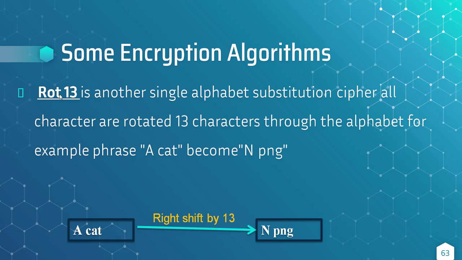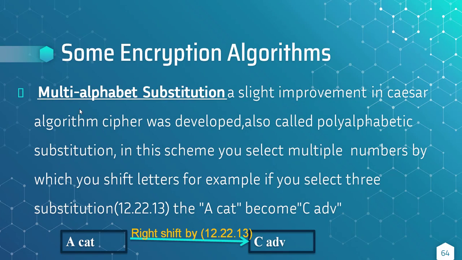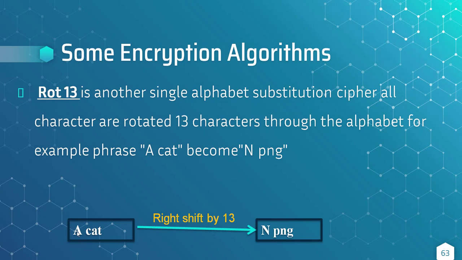So this is the ROT13 algorithm. For more understanding, A becomes N. I shift A to the right by 13 characters. The same thing for the rest.